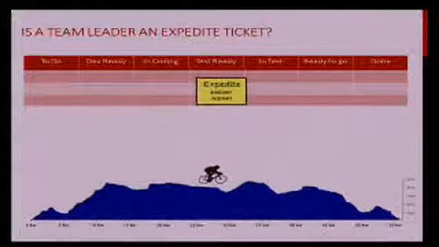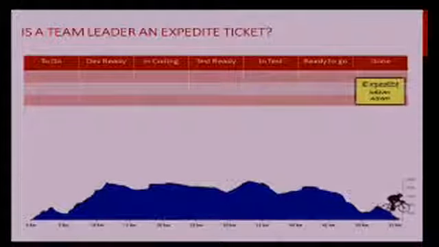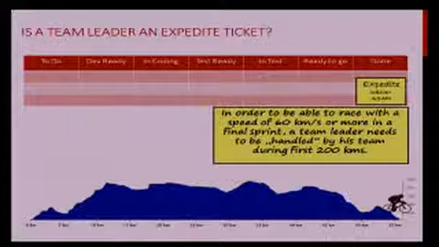Okay, what happens next? We go along the way, and there is a final sprint. If you check details, people like Mark Cavendish, who I believe is now the best sprinter, are capable of riding a bike at more than 60 kilometers per hour, but only for a certain period of time.